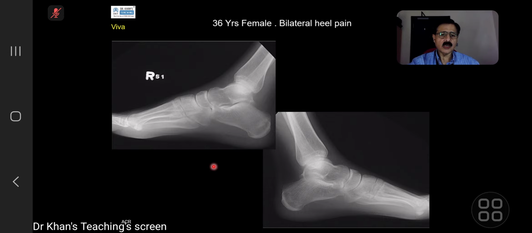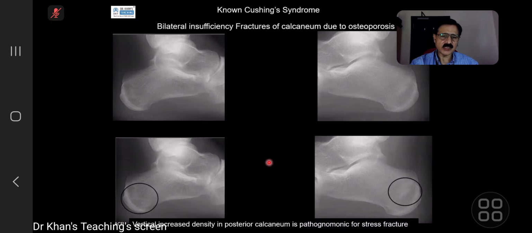Excellent. So please remember, and this is the type of case which can come in the rapid reporting also. This is known as insufficiency fracture of calcaneum due to osteoporosis. So the osteoporosis per se is not visible on radiograph, but the fracture is. Insufficiency fracture, I used the wrong word, stress fracture.